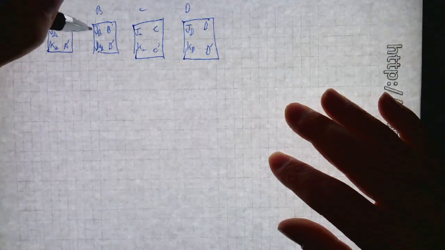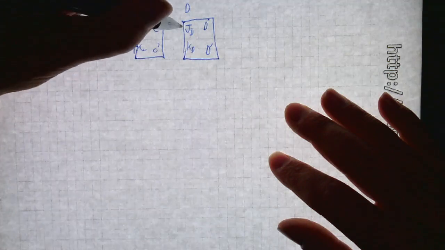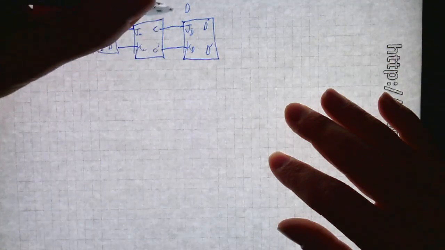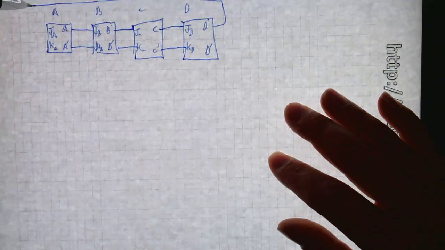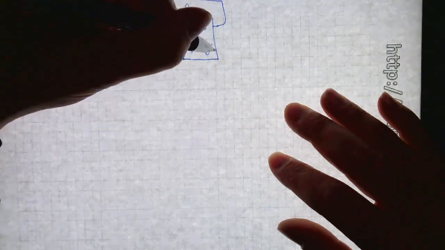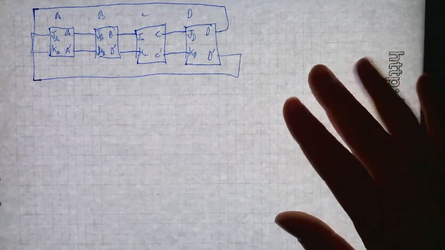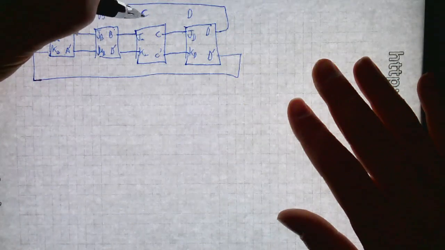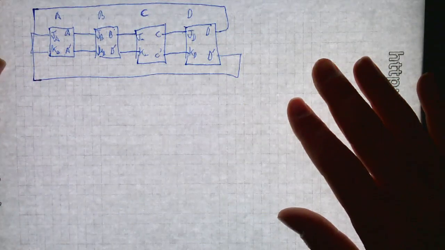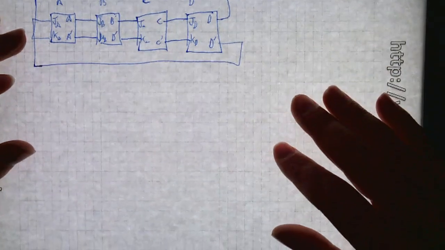Now, you got to hook them up. And it's twisted, so that means D goes to K, and D prime goes to J. And that's what we got. What does it do? Well, it's not obvious. Let's start off with all possible present states.